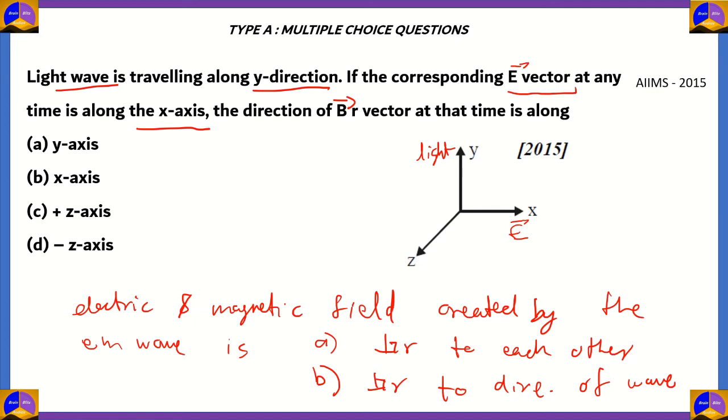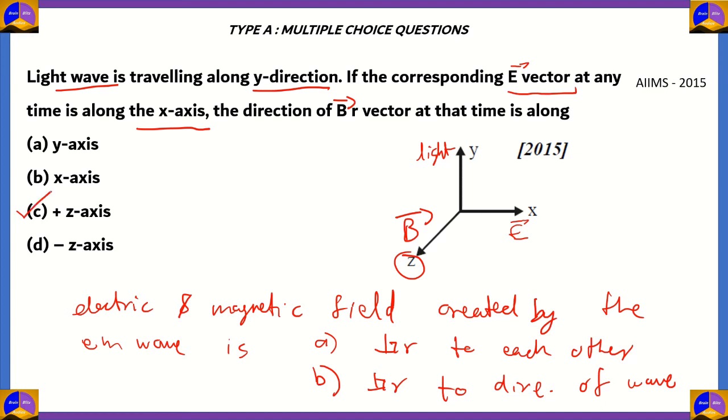So over here, the wave is propagating along the y-axis and the electric field is along the x-axis. So the only other axis which is mutually perpendicular to both these axes is the z-axis. So therefore, the magnetic field must go along the z-axis, and we can put that as plus z.